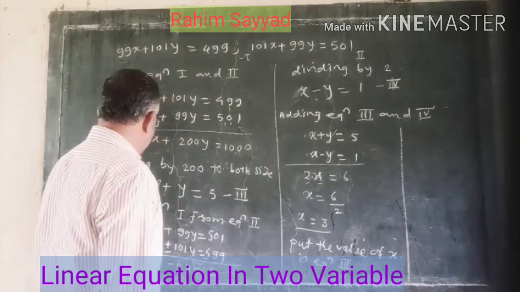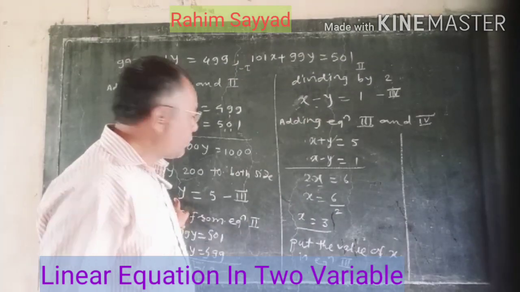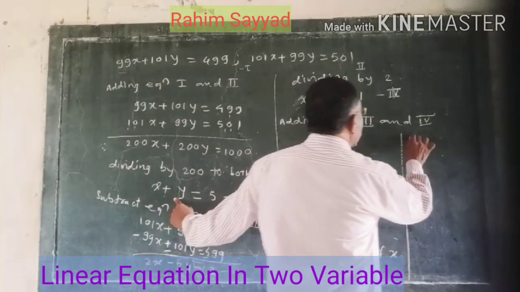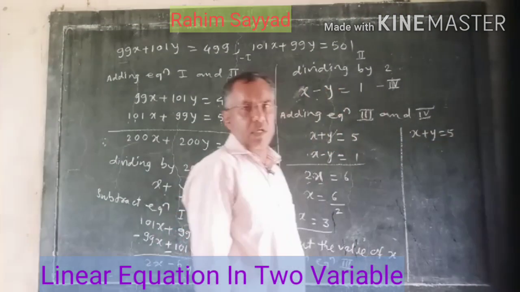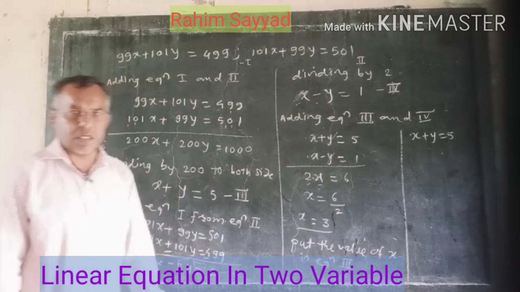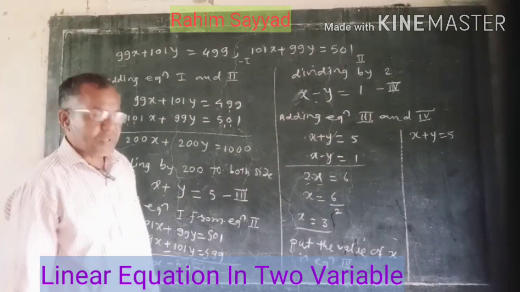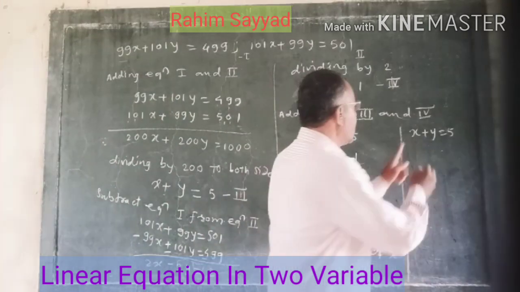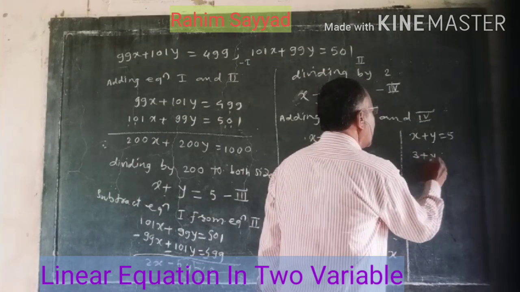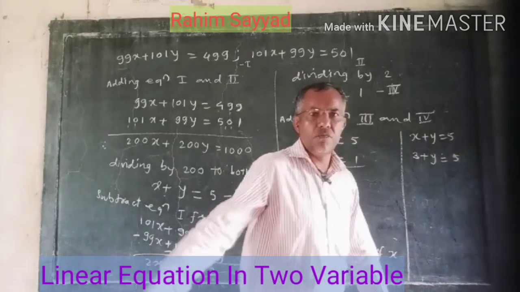And what is equation 3rd? x plus y is equal to 5. It is equation number 3rd. Now see, the value of x is 3. Then I will write here 3 plus y is equal to 5.